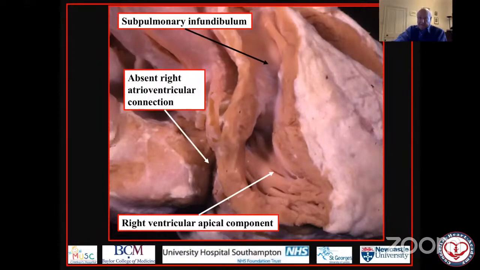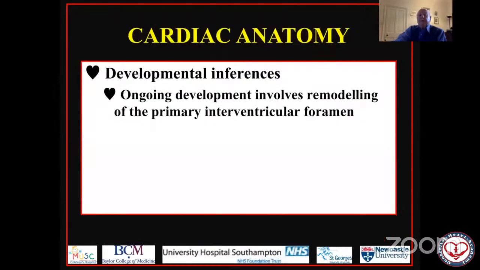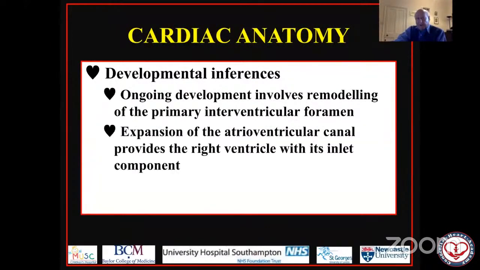And in this stage, we have absence of the right atrioventricular connection because as yet, the right ventricle has not received its inlet component.